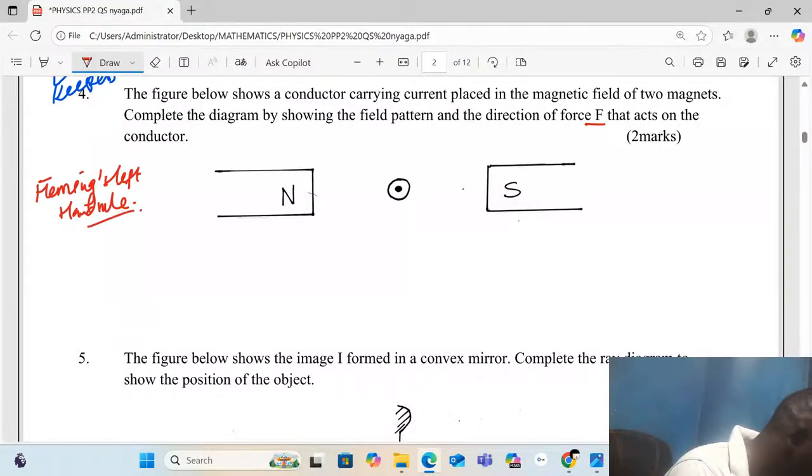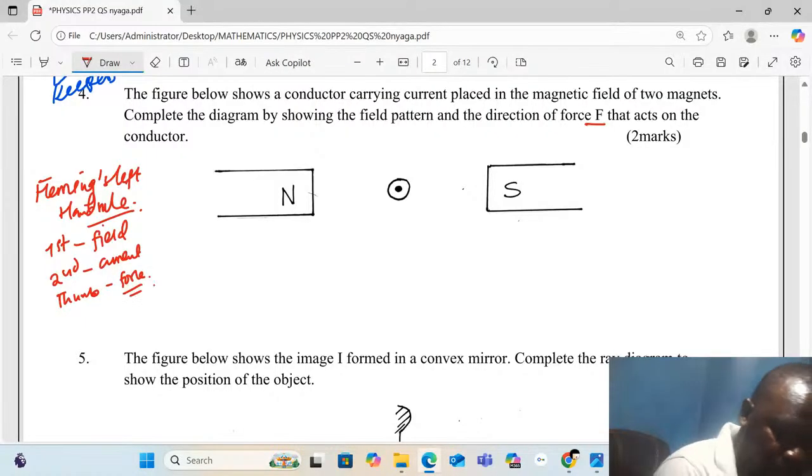The first finger shows the field, the second finger shows the current, and the thumb shows the direction of the force.